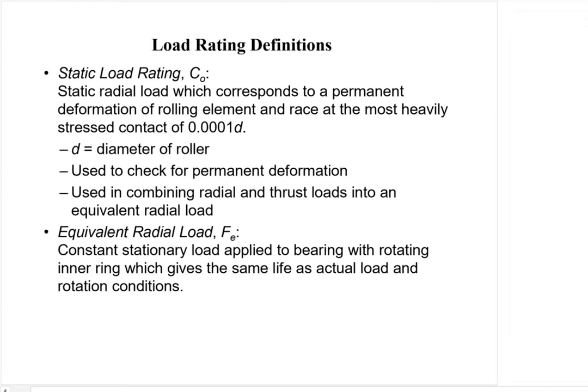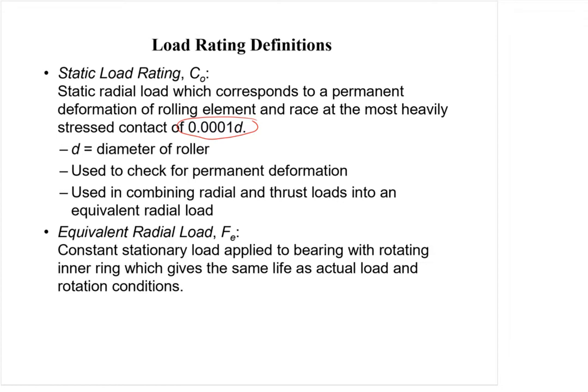Static load rating, this is again another sort of made up, not made up, but calculated or measured thing that you'd never do to a bearing. It's a static radial load that corresponds to permanent deformation, something you never want to have happen on your rolling element bearing if you can help it, over some theoretical contact patch. And this again is used primarily in calculations. You're not comparing this to the static load.